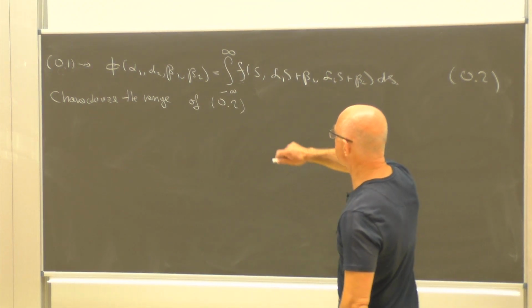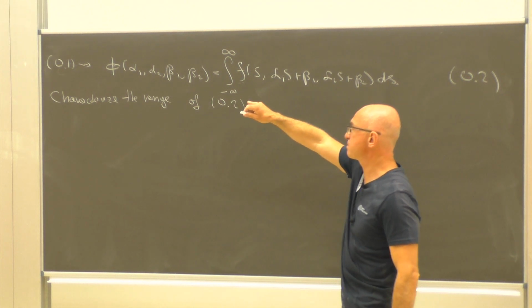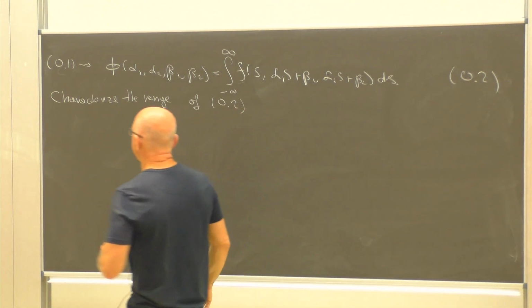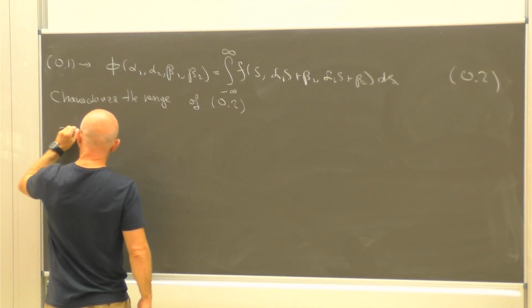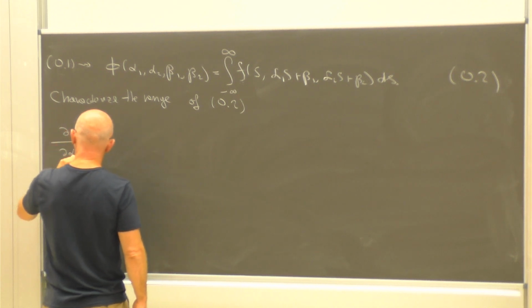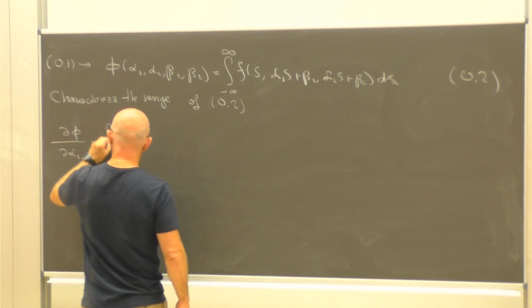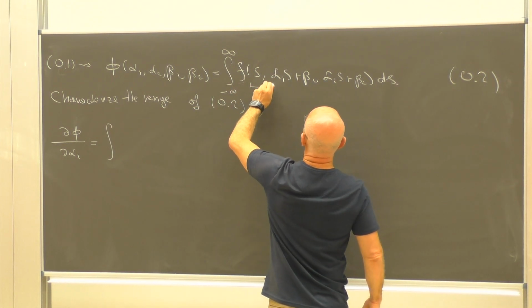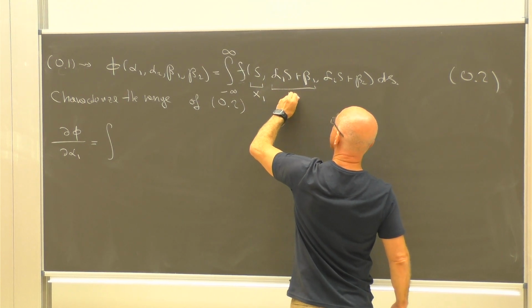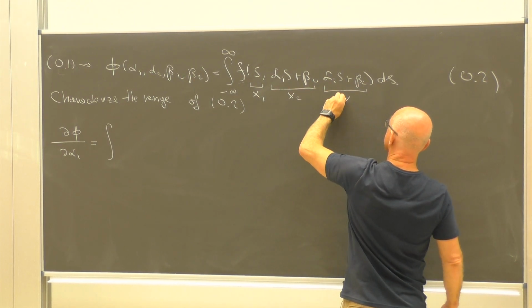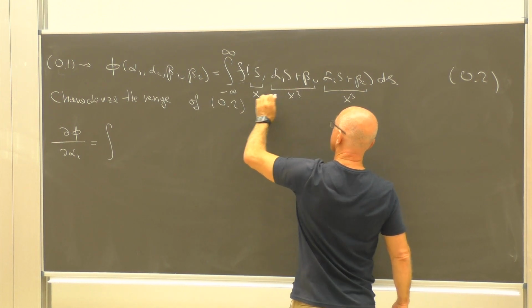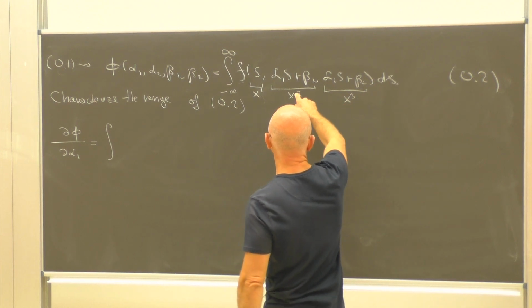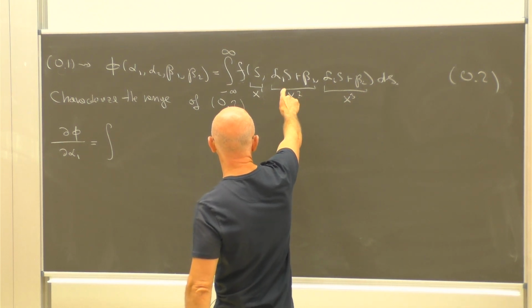We can start differentiating with respect to alphas and betas and doing this under the integral sign. So if I do d phi by d alpha 1, that's the same as this integral. Well, this coordinate is x1, this coordinate here is x2, and this is x3. Okay, so phi depends on alpha 1 only via x1, but I need to use the chain rule.